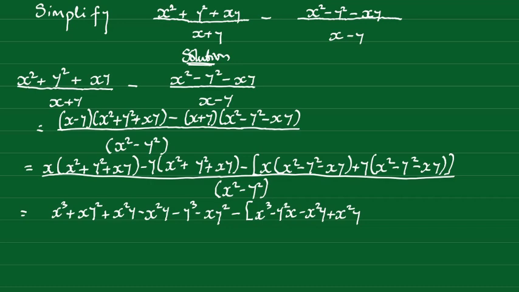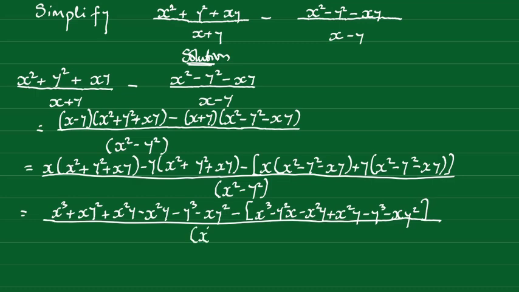Plus y times minus y squared, we'll have minus y cubed. All right. Plus y times minus xy gives us minus xy squared. I'll close our bracket. We copy out our denominator. Draw a line, copy out the denominator. So our bracket open, x squared minus y squared, bracket close.